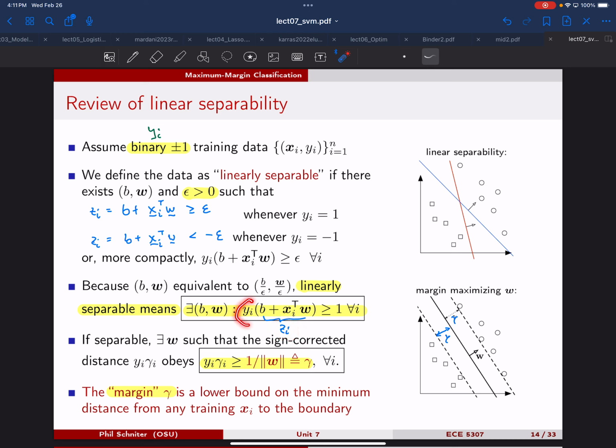So you can see that this yi is sort of changing the sign on the score, and it means that the sign-corrected scores are all greater than 1 for all the training samples.